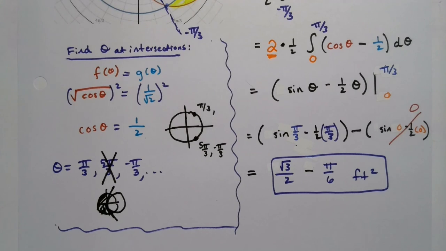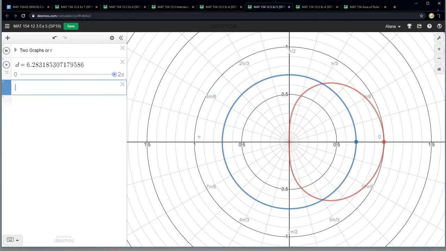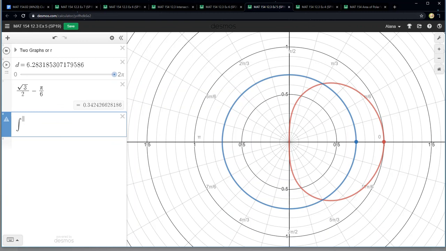If you want that in decimal form, we can go into Desmos and do that. So I could take the square root of 3 divided by 2, and minus pi divided by 6. Now, if I want to verify that that is, in fact, the integral that I wrote in the first place, I could take the area integral that I originally wrote.